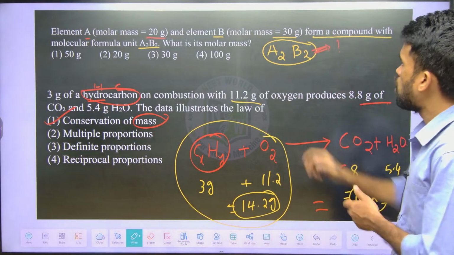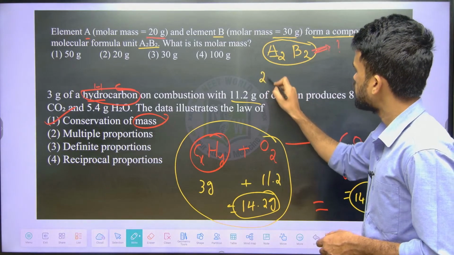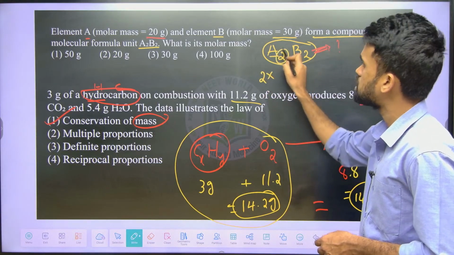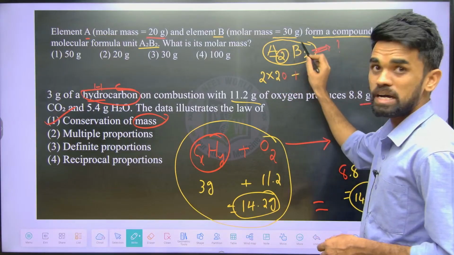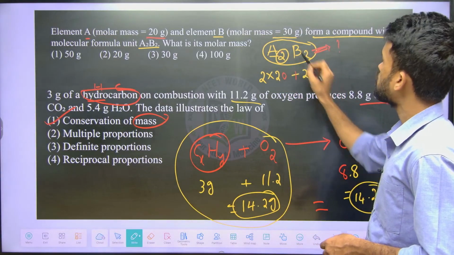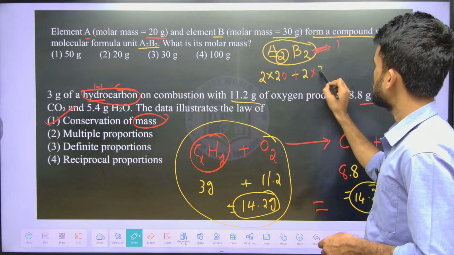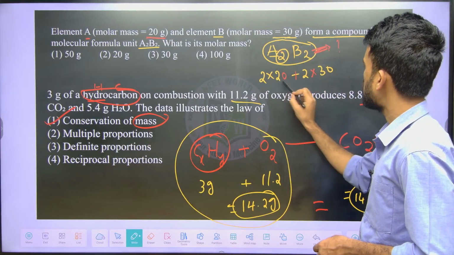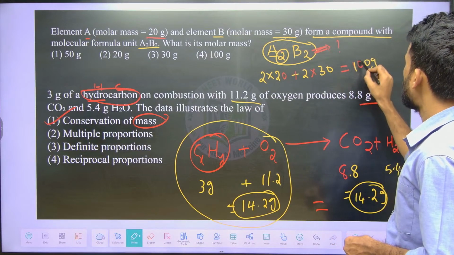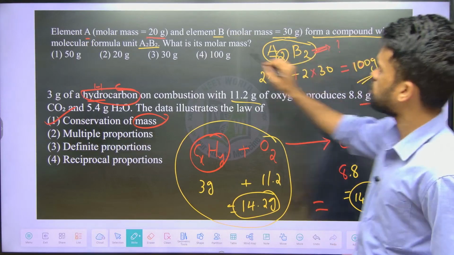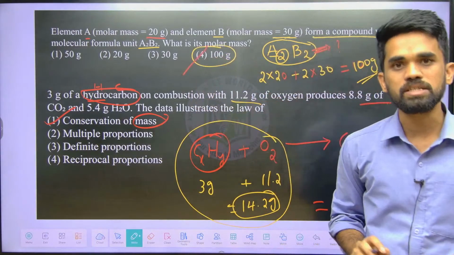Very simple. How many A's are there? 2 are there. So 2 into what is the molar mass of each A? That is 20. Okay, plus how many B's are there? 2. The molar mass of each B is 30. That's it. So simply add them, 40 plus 60. So this will be 100 grams. How many grams? 100 grams. That's it. Where do we have that option? 4. This is your answer for the discussion.